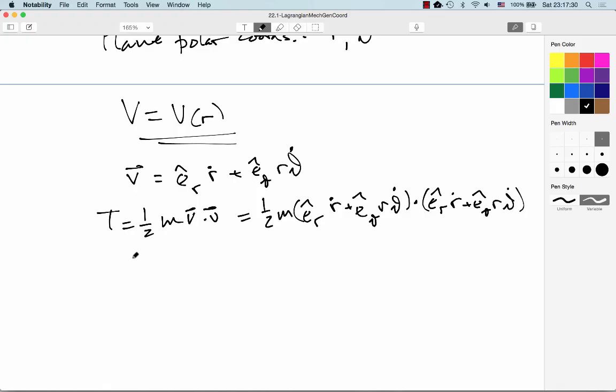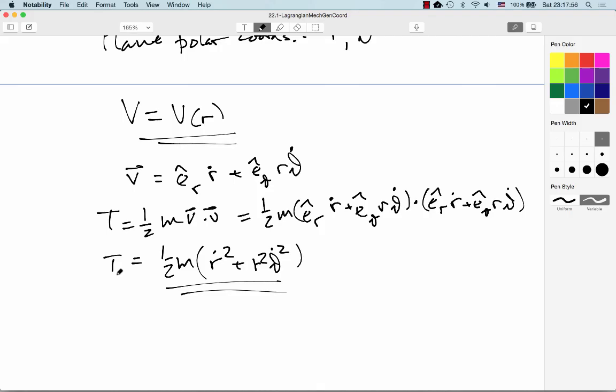We get 1/2 m times r dot squared plus, the cross terms won't matter because the unit vectors are perpendicular, r squared theta dot squared. And there's your expression for the kinetic energy.